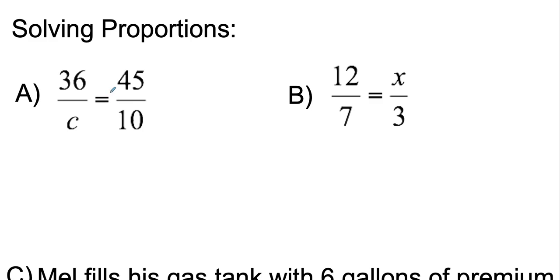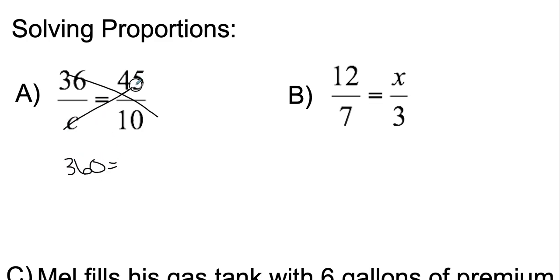So let's try to solve some proportions, because we're going to have to be able to do this to figure out similar shapes or to solve for certain sides. So in Algebra 2, we do this with cross multiplication. You may have learned fish method or butterfly method or something like that in previous classes, but we are doing cross multiplication. So we cross multiply here. So 36 times 10, 360.